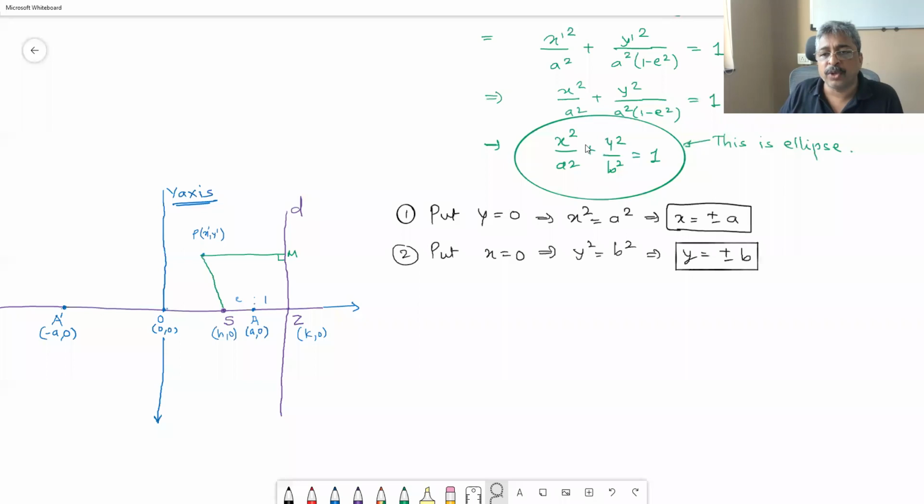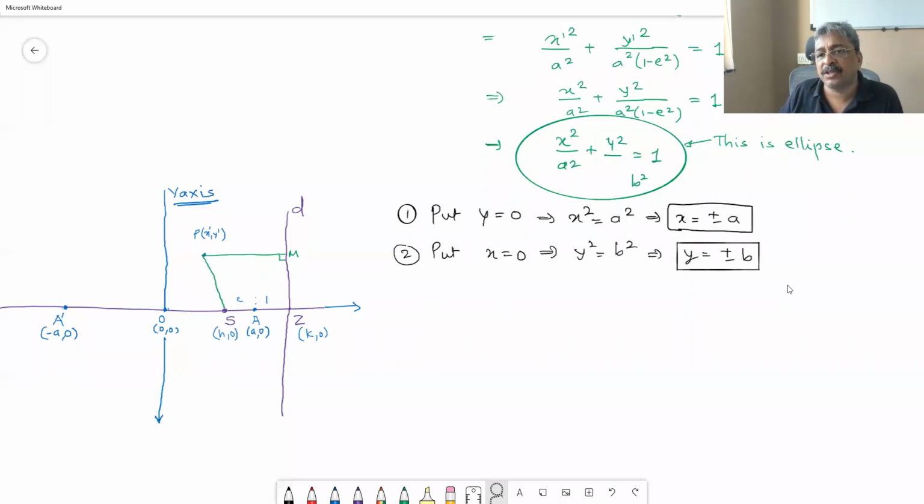The moment you get the standard equation of the ellipse, you should start analyzing the equation for the following things. Number one, what is the intersection with the x-axis? Put y is equal to 0, you get the intersection with the x-axis. We already knew that A and A' are part of this curve. Put x is equal to 0, we get plus or minus b.